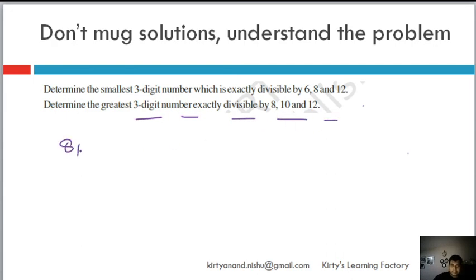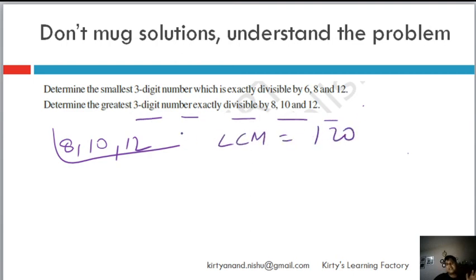So first let's see what should be the LCM. Is it 60, no, 120, yes. 8, 10, 12, yeah, 120 is the LCM, right? LCM is 120. Now they are asking you find the greatest 3 digit number which is divisible by it.